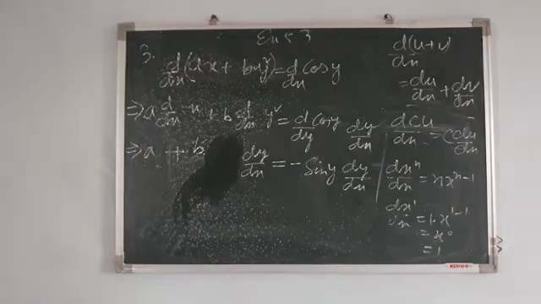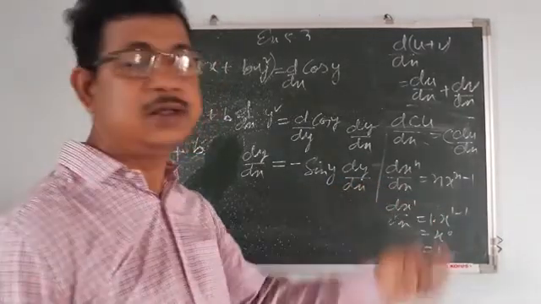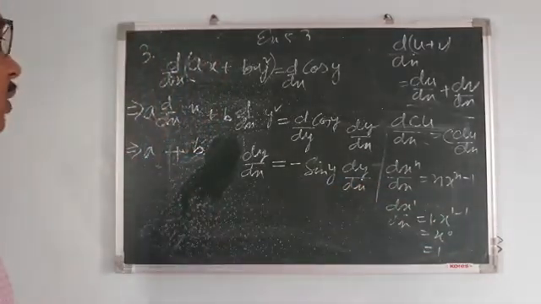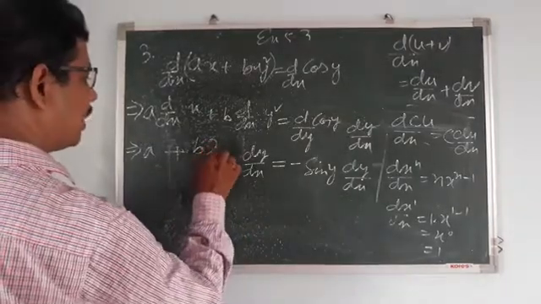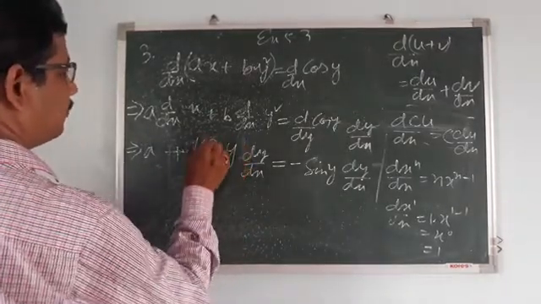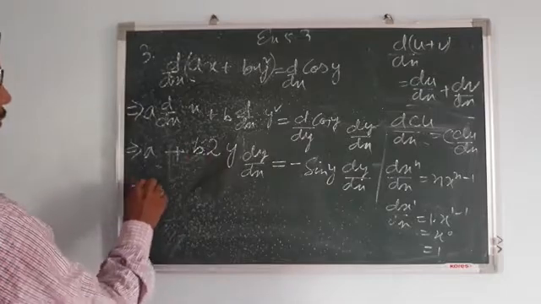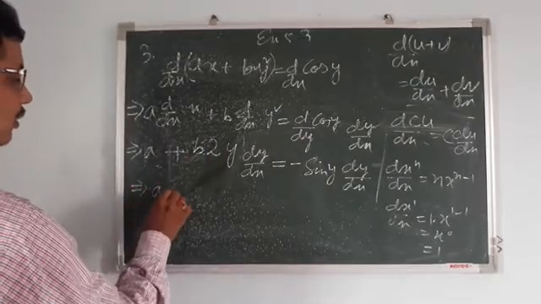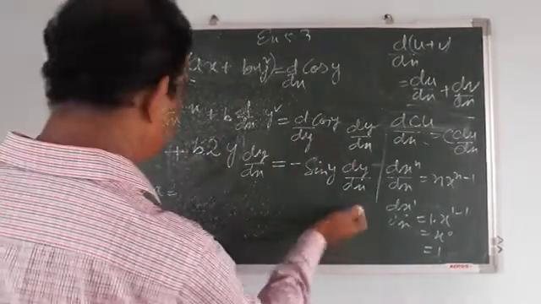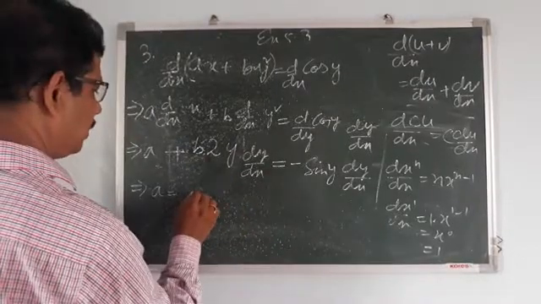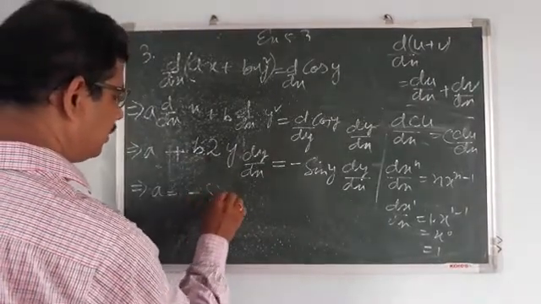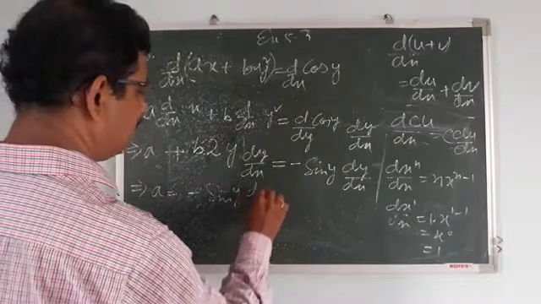What formula we will use? d(xⁿ)/dx is what? n xⁿ⁻¹. So with that concept we can write it is 2y. Now we will take this also in that side. Then it will be what? Minus sin y dy/dx.